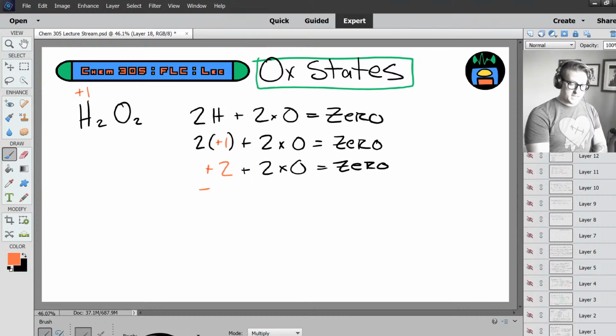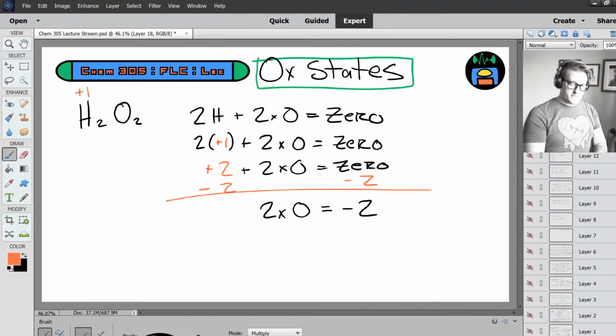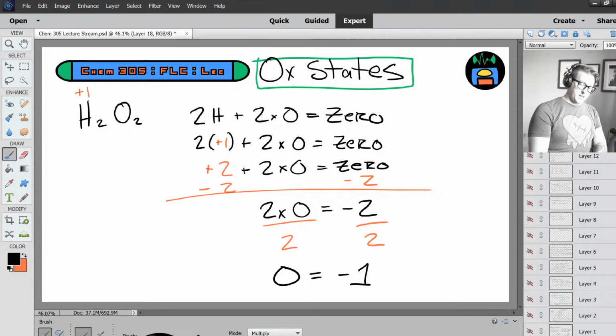We subtract 2 from both sides of this equation, and we get 2 times oxygen equals -2. And then we divide both sides by 2. And we find that in hydrogen peroxide, oxygen has an oxidation state of -1.